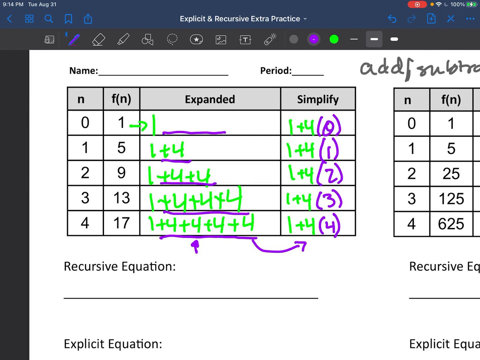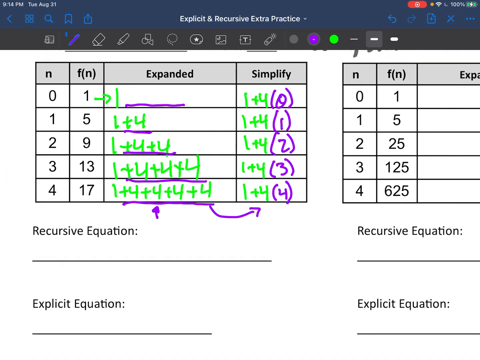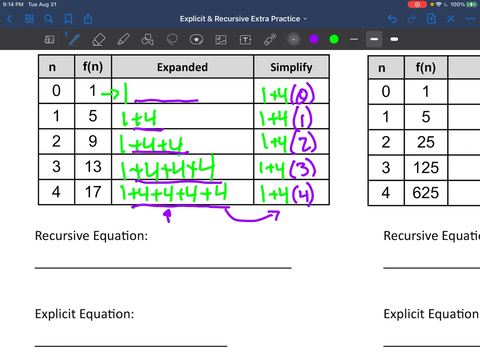Okay? Now I need to write the recursive equation for this one. The recursive always starts with f of n equals f of n minus 1. And then what math did we do down our table? Well, we added 4. So I'm going to put my plus 4 here.